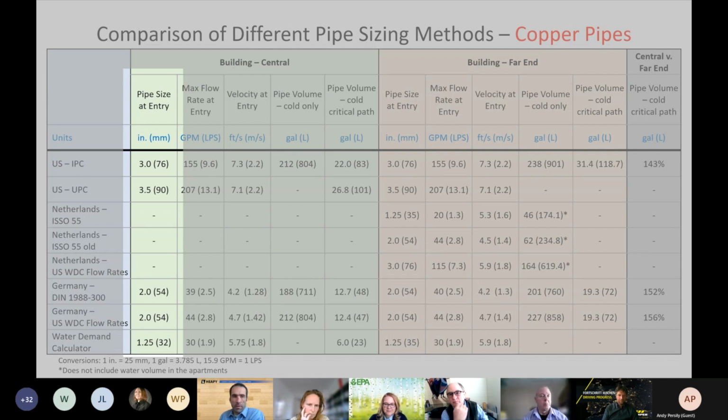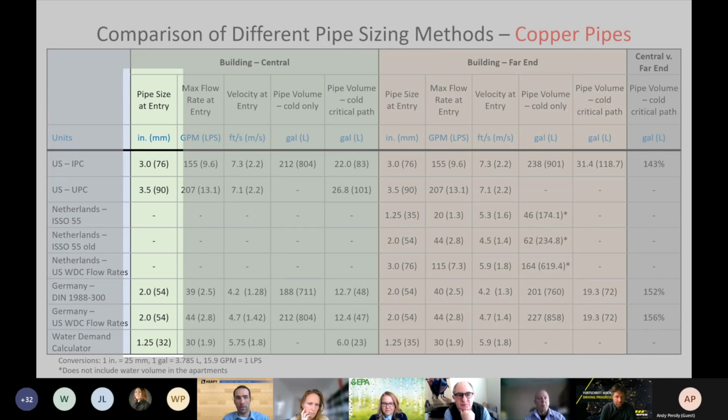I'll go ahead and start off since IPC is at the top there. So IPC sizing was done without taking any additional diversities outside of the Hunter's curve or the IPC table in the appendix that tells you with this fixture unit you have this GPM. Nothing was diversified any further than just the fixture units using, pretty close to the old Hunter's curve.